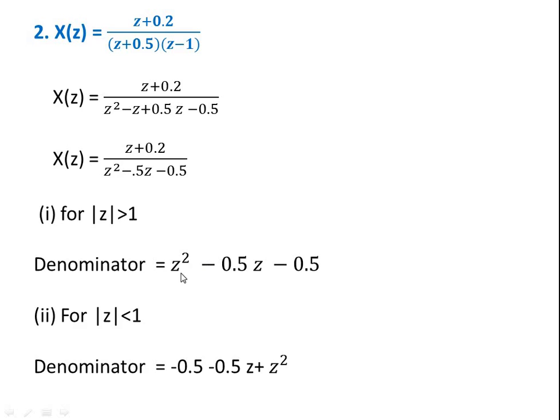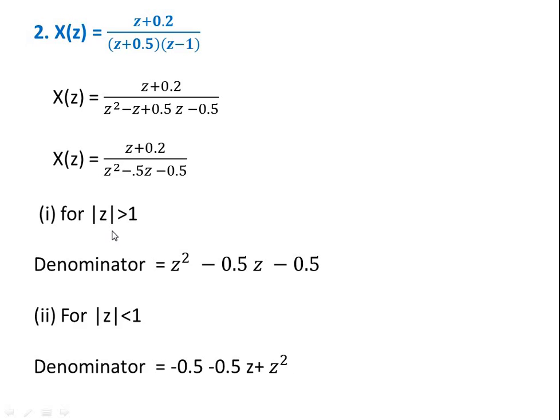So we start with the highest power of z, and end up with the numerical constant. If the question is for modulus of z less than 1, it means for a non-causal sequence the denominator order has to be reversed. So we start from the numerical constant, and end up with the highest degree of z. This is the only thing we have to keep in mind while solving the long division method.